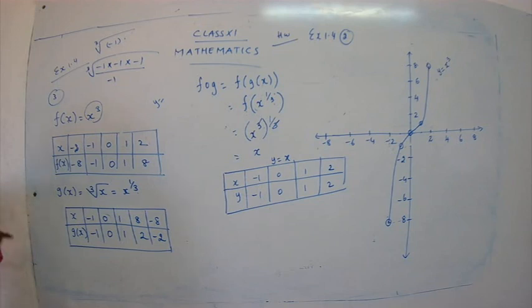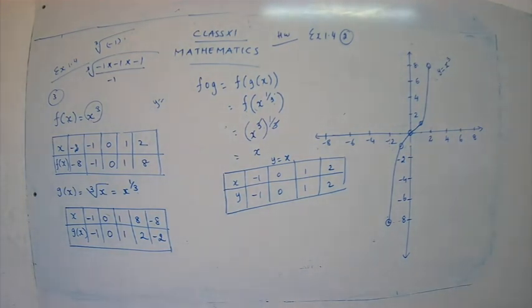I want you to send the classwork along with the homework. There is sum number 1 and sum number 3 that we are doing. So along with the homework, you have to take a photo of your classwork and send it to me so that I will see how you have presented your graphs. If you do not send your classwork, it will be taken that you have not done your homework properly. So send the classwork along with the homework.